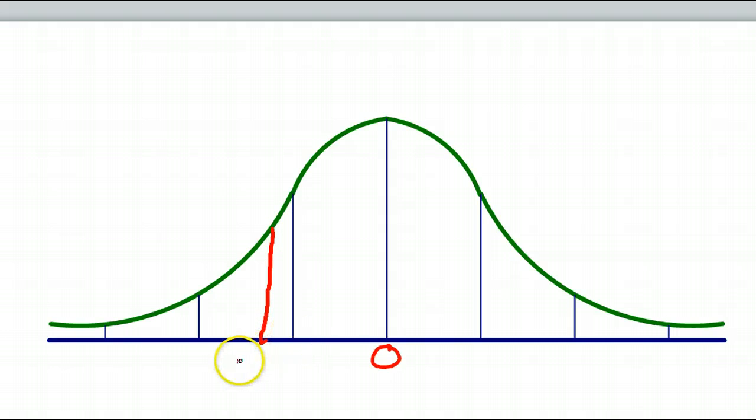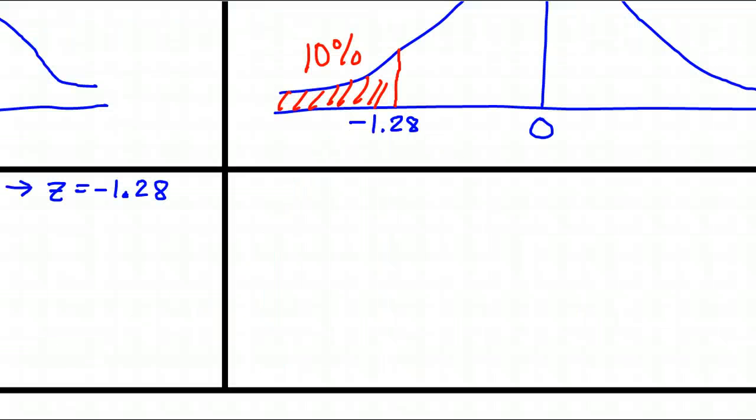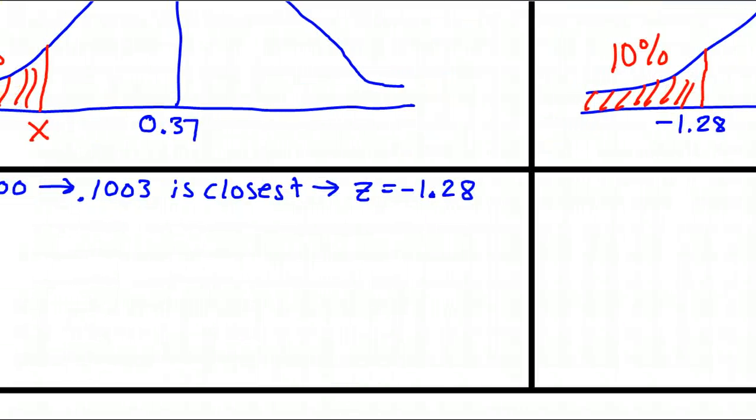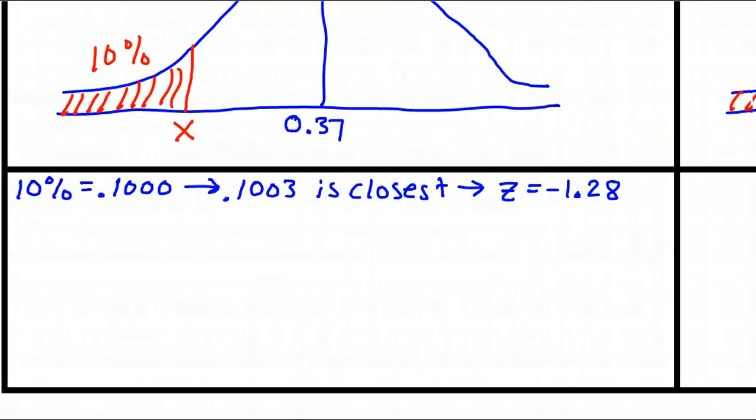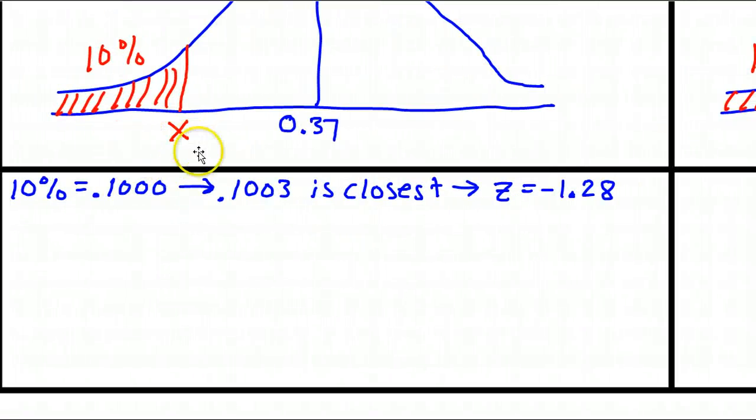Because this is negative 1, so negative 1.28 would be a little bit to the left of negative 1. Anyway, what else do you want from me? Oh yeah, we have to find x now. So that's what we're going to do.